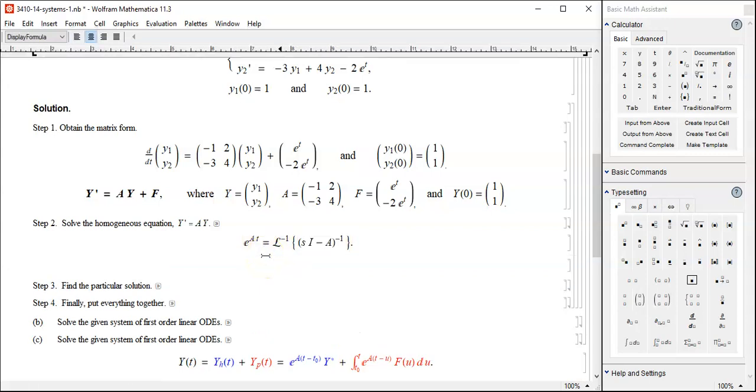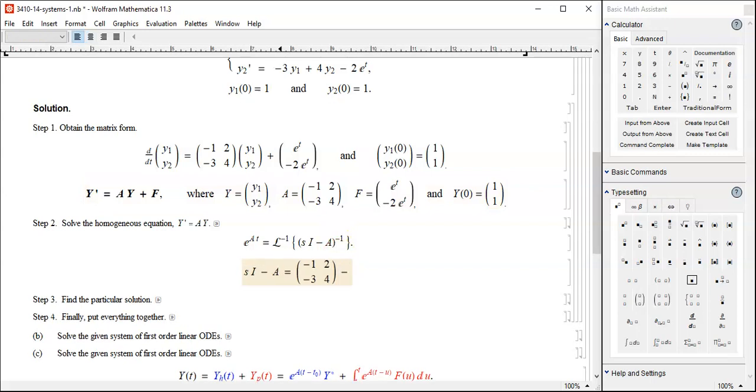So let's find out this resolvent matrix. sI. All right, this is my A. So basically it's this computation we are doing.